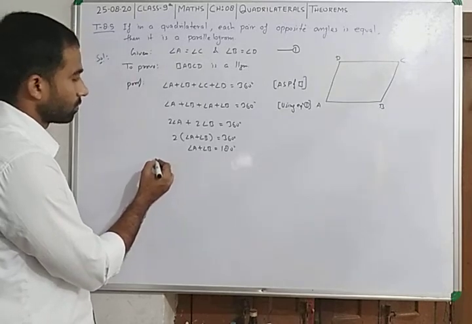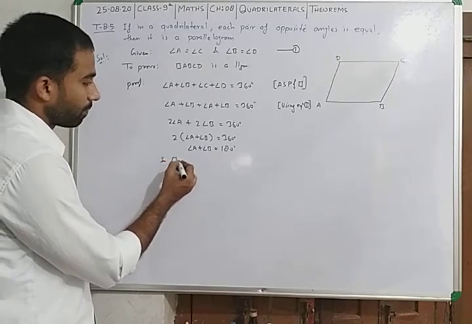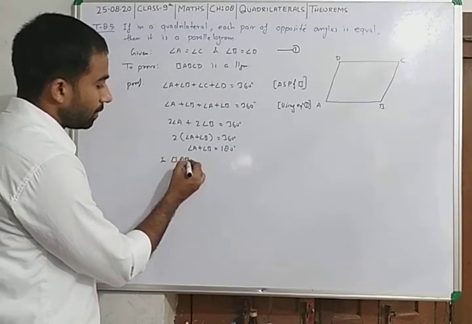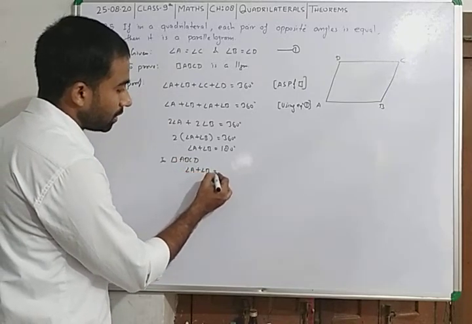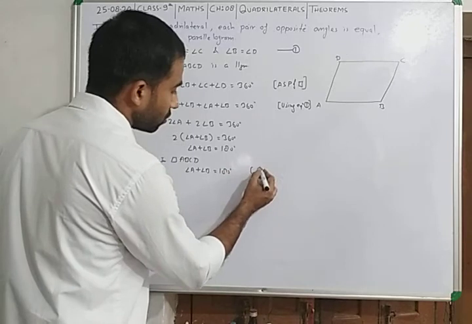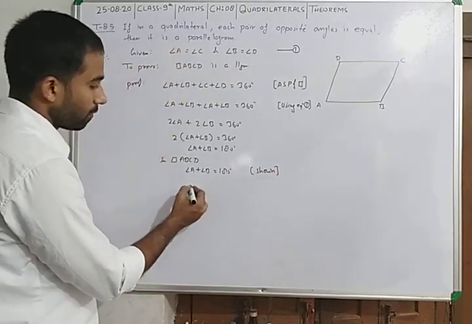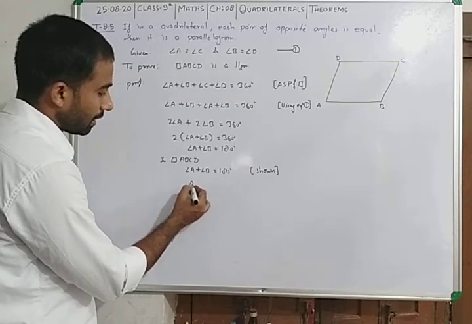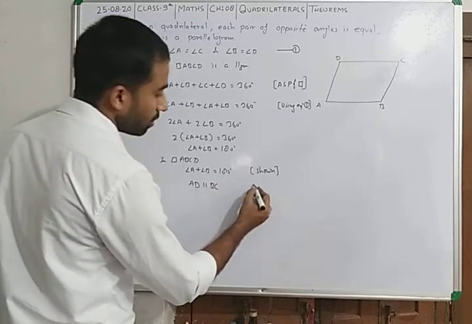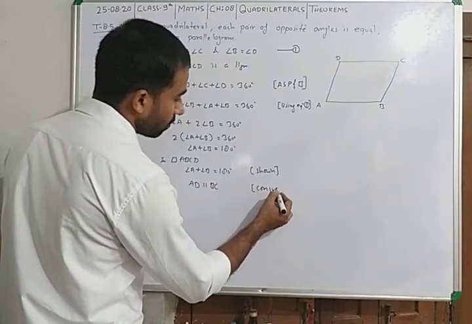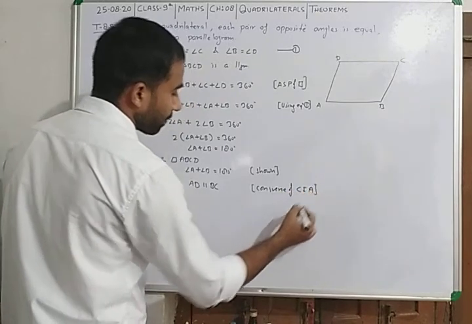Again we will write, in quadrilateral ABCD, angle A plus angle B is equal to 180 degrees, shown. So therefore AD is parallel to BC by converse of co-interior angle.